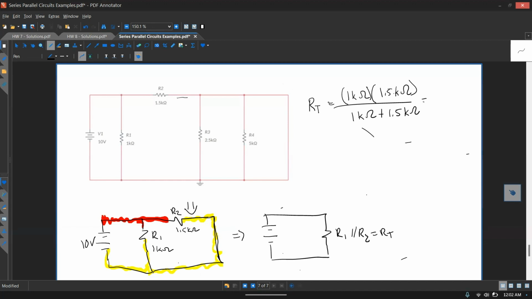And if I throw that into the calculator, it equals 600 ohms.